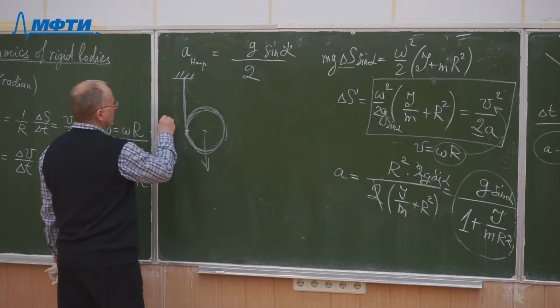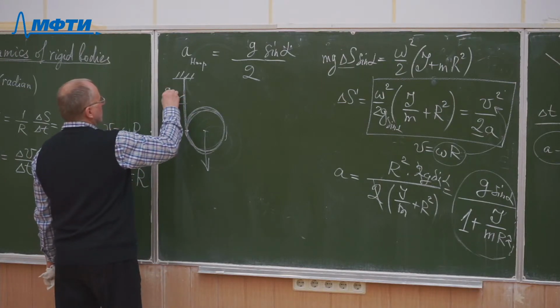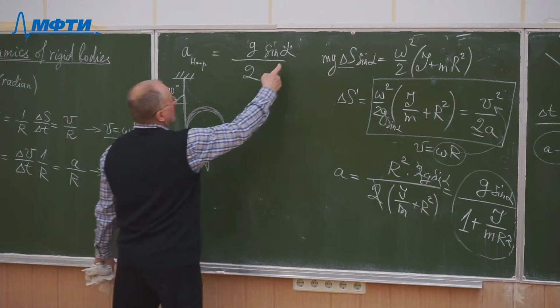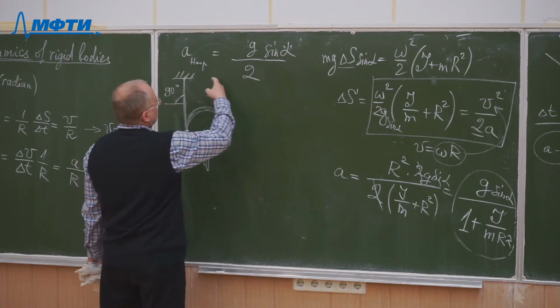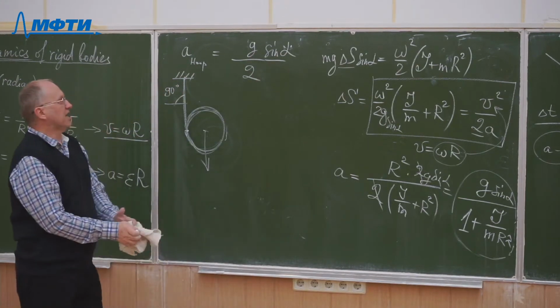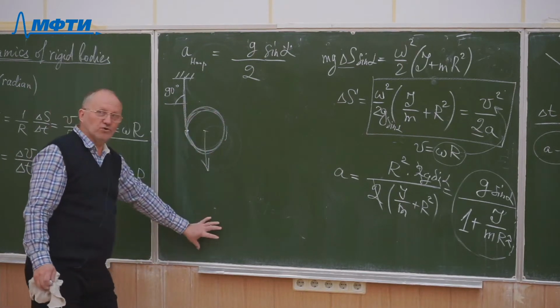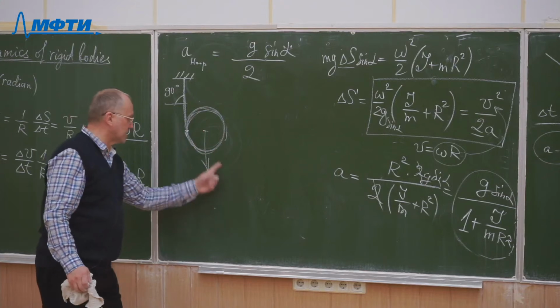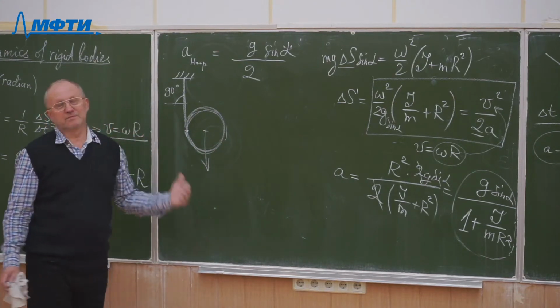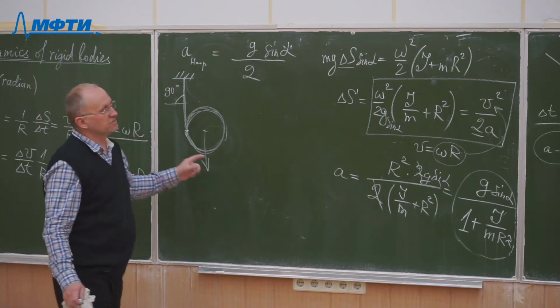Then angle alpha will be 90 degrees and sine alpha will be unity, and then the acceleration will be half the acceleration of free fall, because that will be not a free fall of the hoop, but falling and rolling at the same time. That's another limiting case of this problem.